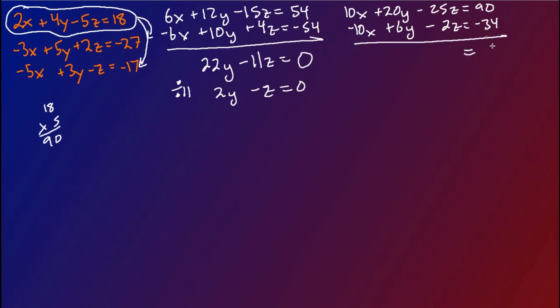And this should give me 56 right here. And this is negative 27z. This is 26y. And the x's have eliminated. So now we can see, if I were trying to get this equation and this equation together, which is what I'm going to have to do, I'd have to find a common multiple for 22 and 26, and while it's probably 22 times 26, the point of the matter is those are going to give us large numbers.